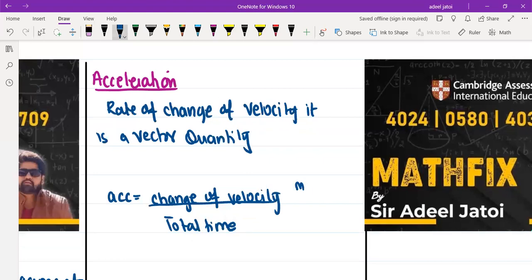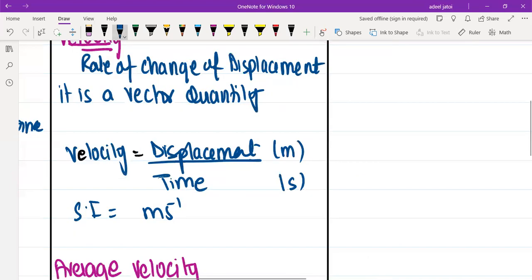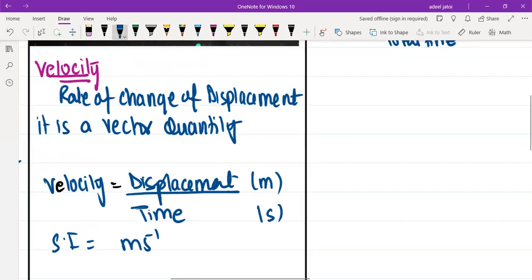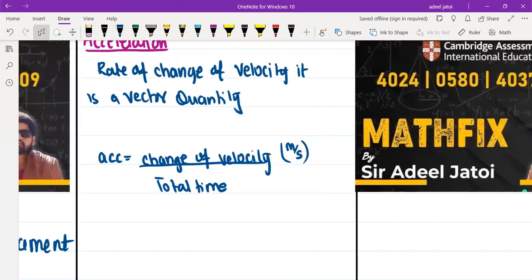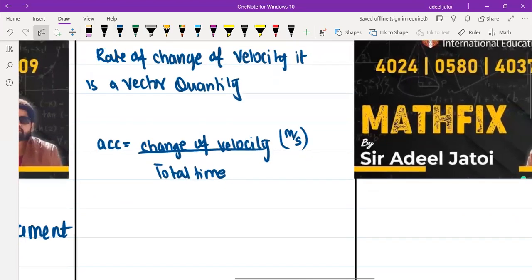Change of velocity is in ms, the velocity that we normally calculated, which is displacement upon time. Change of velocity upon total time will give me the acceleration.